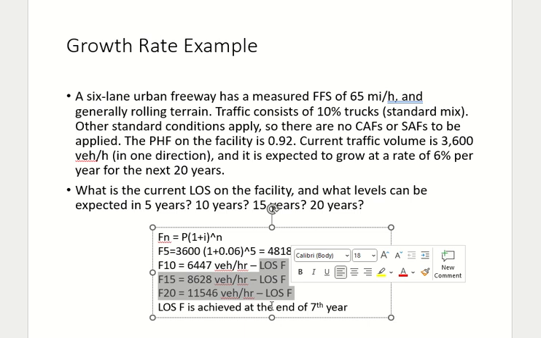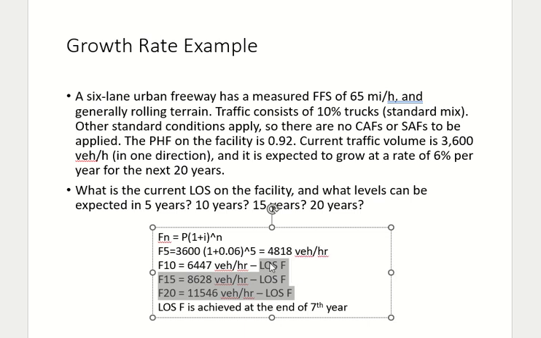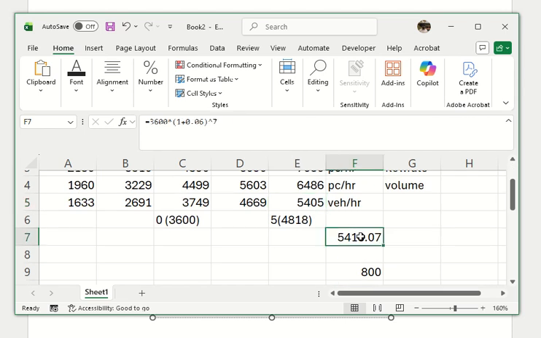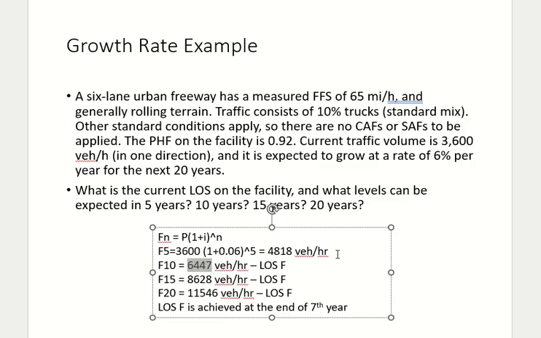Now level of service F did not begin at year 10, even though the volume there is 6400. It becomes F when you cross 5400, the capacity value, the level of service E value. So in which year did I exactly cross this value? Remember this is my growth rate equation.